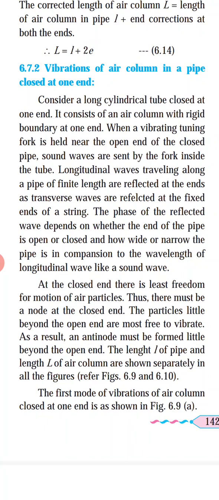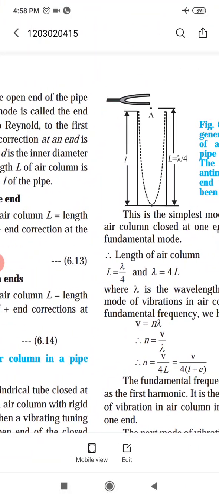The particles a little beyond the open end are most free to vibrate. As a result, an antinode must be formed a little beyond the open end. The length l of the pipe and the length capital L of the air column are shown separately in all figures. Okay, that is figure 6.9 and 6.10. So you can see this figure also.